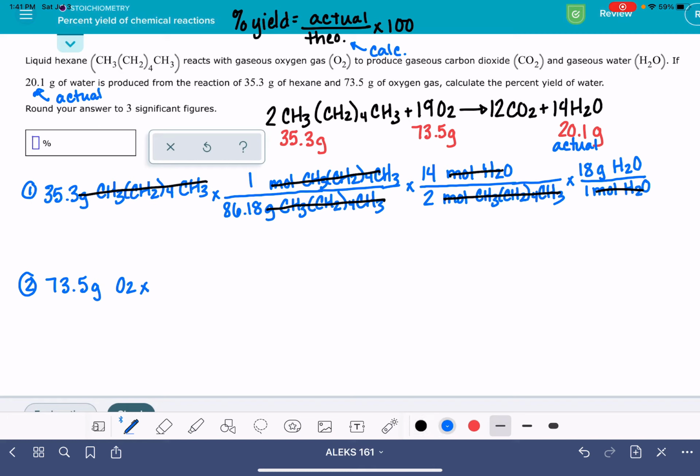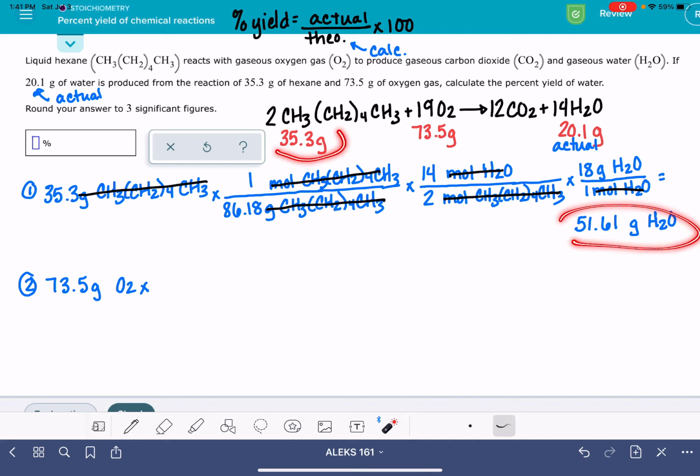And we'll crunch the numbers on this. 35.3 divided by 86.18 times 14 divided by 2 times 18, this gives me 51.61 grams of H2O. This is the amount of water that we can make if we start with 35.3 grams of hexane. Like I said, we have to repeat this calculation for the oxygen.